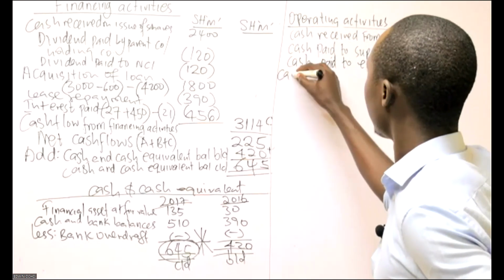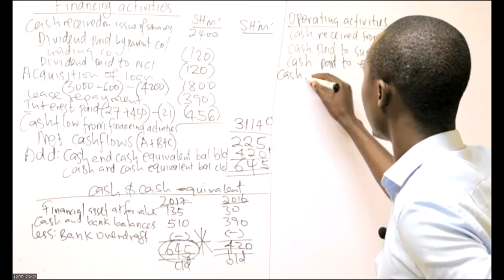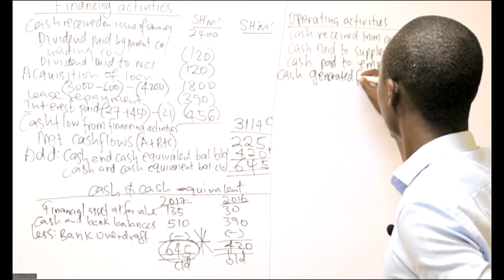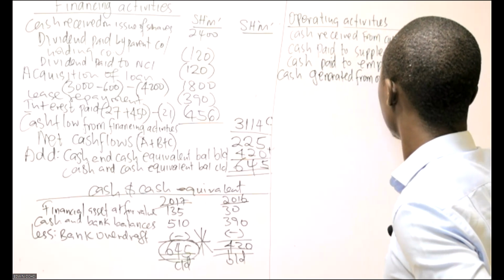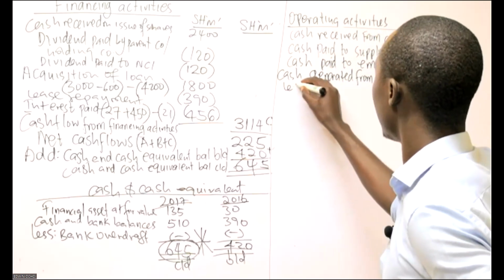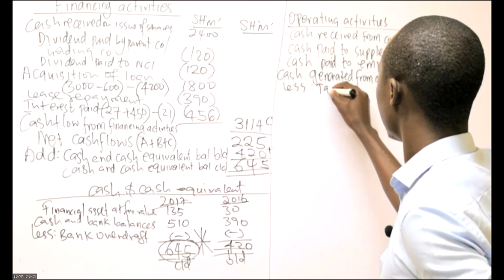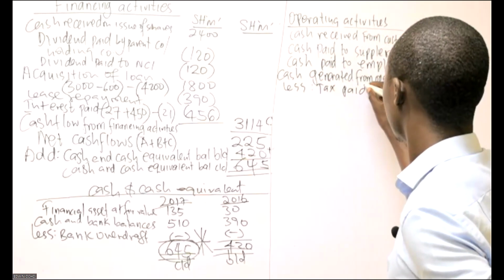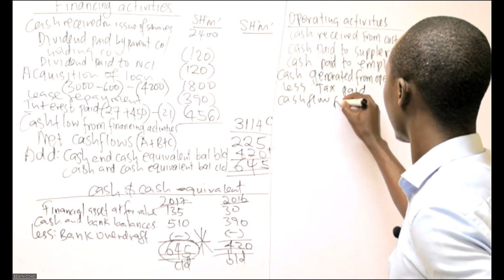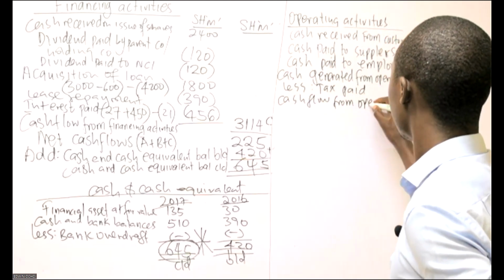So that we get cash generated from operations. Cash generated from operations, then you deduct what? Tax paid. So that we get the cash flow from operating activities.